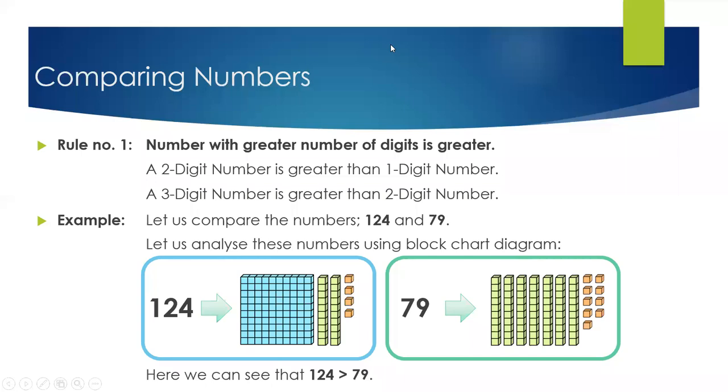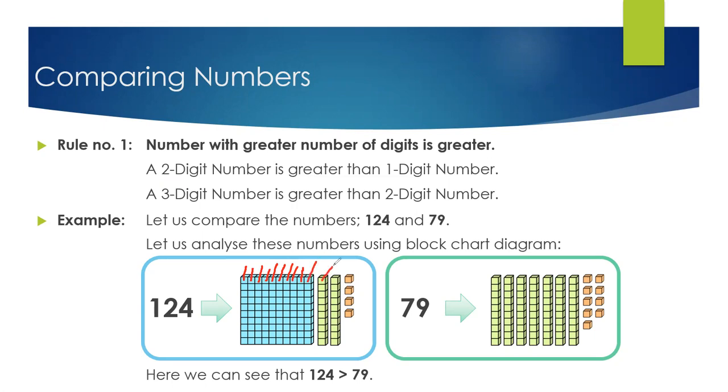Let me show you. Firstly, we can see that this is a 100-digit grid, and if we analyze this hundreds grid in the form of tens, we can count it in the form of tens. This is one ten, this is two tens, this is three tens, four, five, six, seven, eight, nine, and this is the 10th ten.